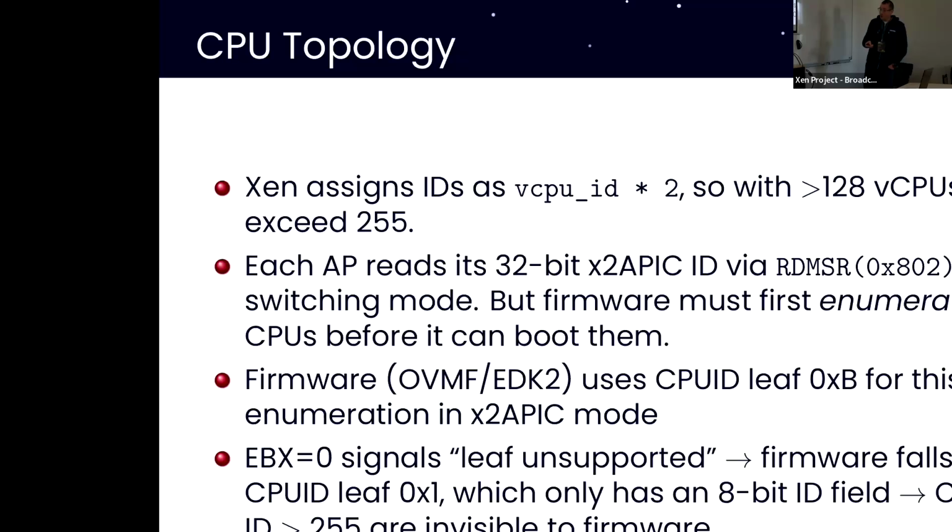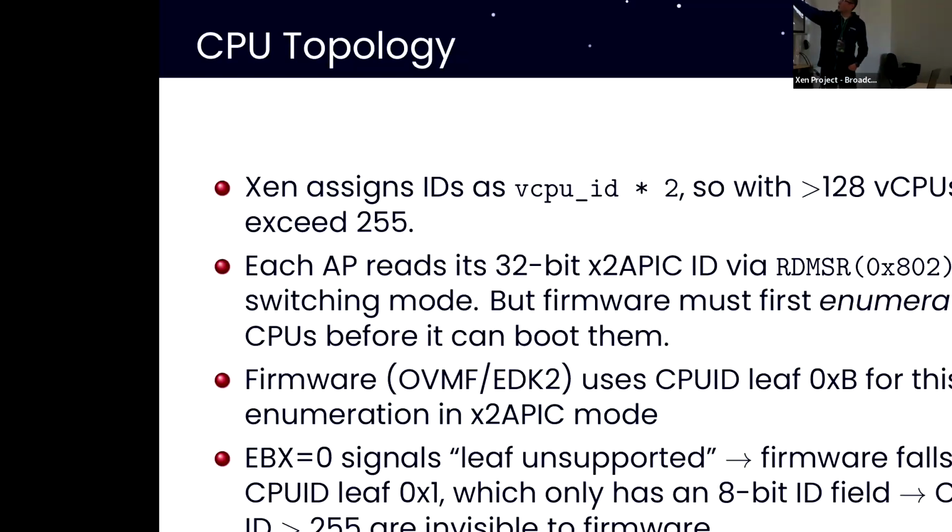And currently there are two enumeration modes. You can request CPUID with leaf 0x1 or 0xb, which is 11, which is again this extended mode in order to enumerate in x2APIC mode.